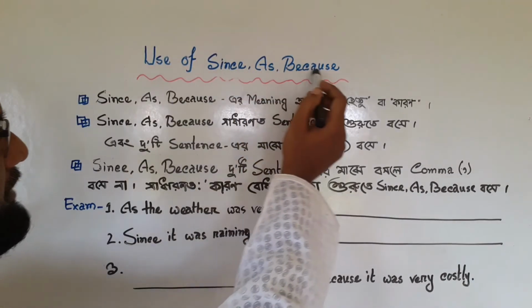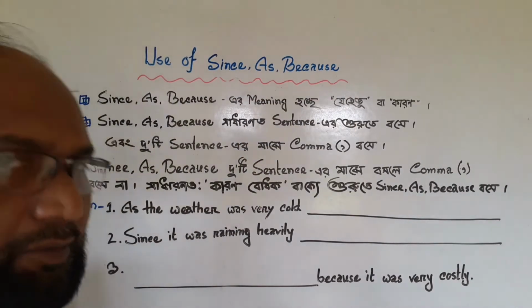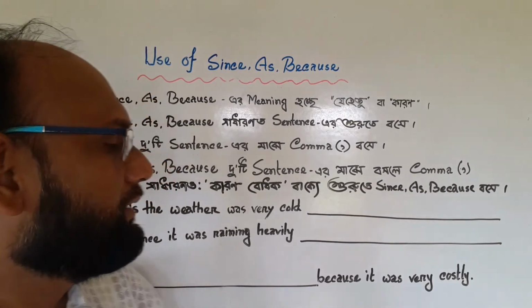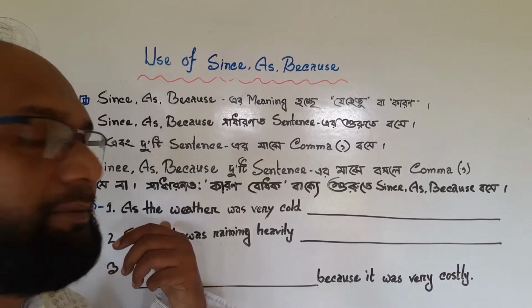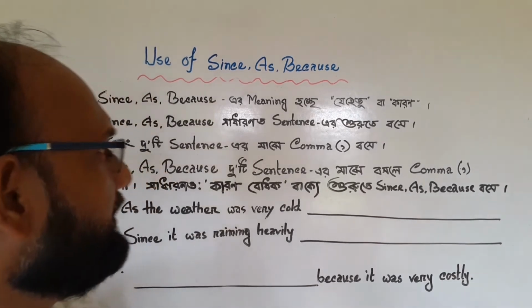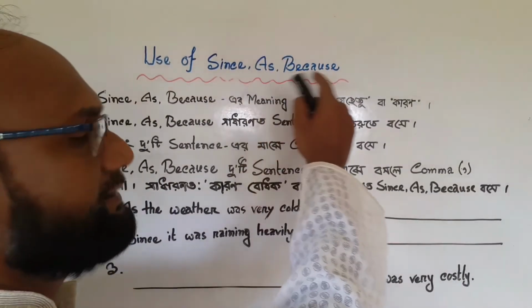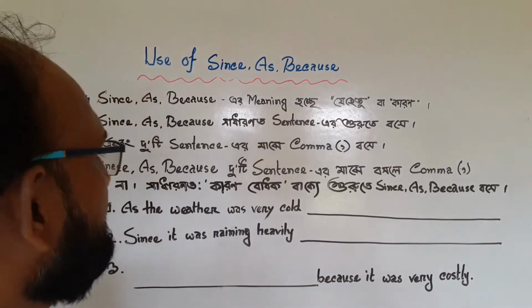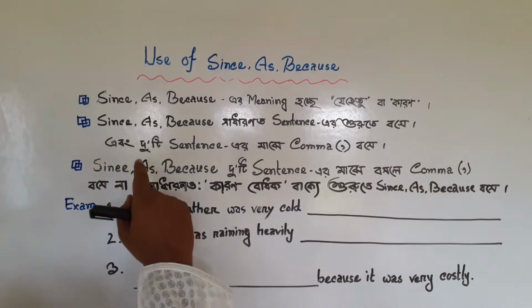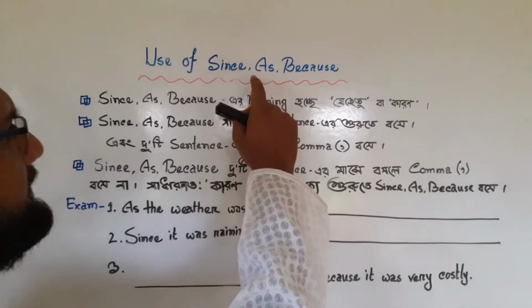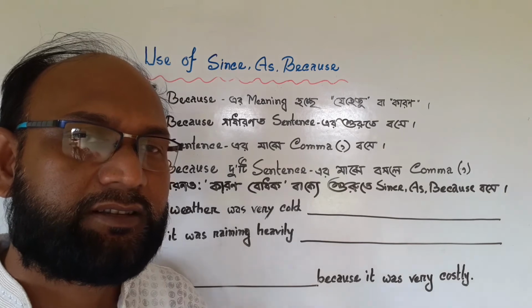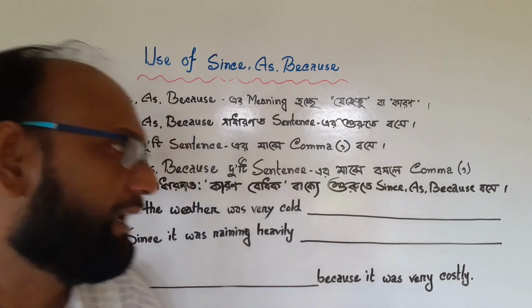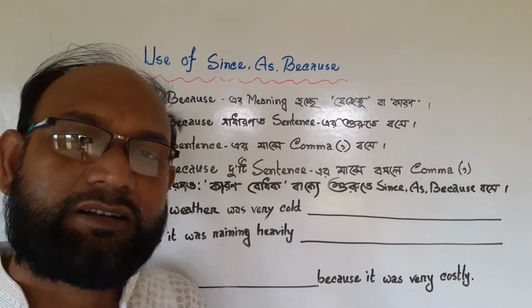Generally, we will use since, as, because at the beginning of the sentence. But if these words are used between the two sentences, we cannot use any comma.